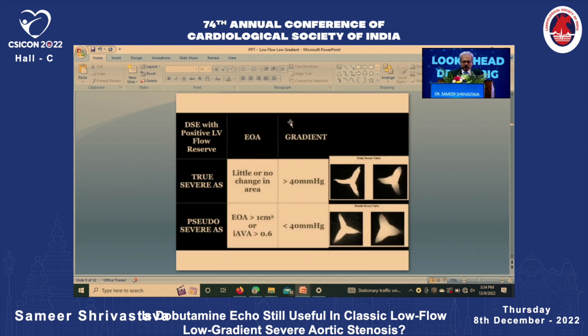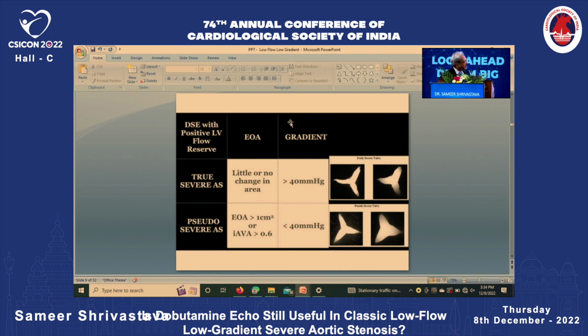I am going to talk about this in particular because this is the topic for the day: dobutamine stress echo with positive LV flow reserve. What we are trying to calculate is the effective orifice area. And when you do dobutamine, you have to differentiate whether it's a true severe AS or a pseudo severe AS.